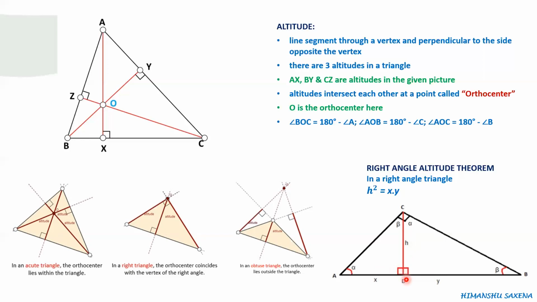This altitude is dividing the other side into two segments, AD and DB, and their lengths are x and y. So h square is equal to x into y.